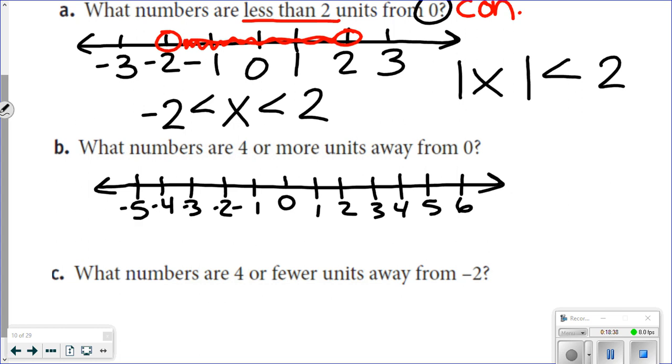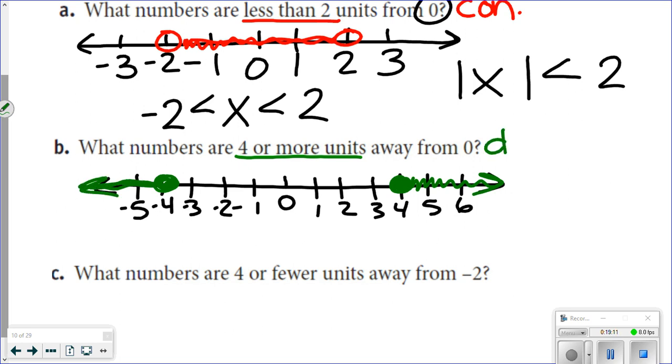And we need 4 or more units away. So I'm going to start at 0. 1, 2, 3, 4. 1, 2, 3, 4. And it says 4 or more, so I know that 4 is included. Is 2 more than 4 units away? Nope. So I'm going to shade opposite directions, or outward, apart.